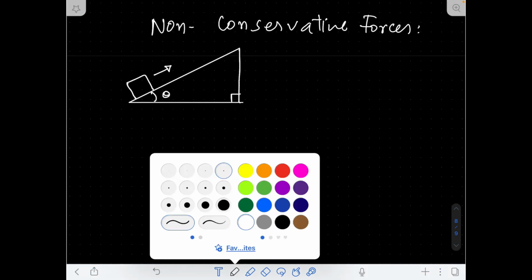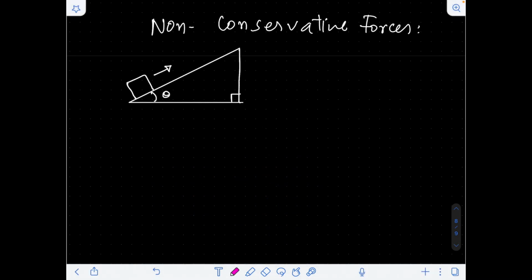It's a very basic example. When the object is moving upward, having some mass, the frictional force acts in this direction, but the displacement covered by the object is in the upward direction, along the inclined plane.